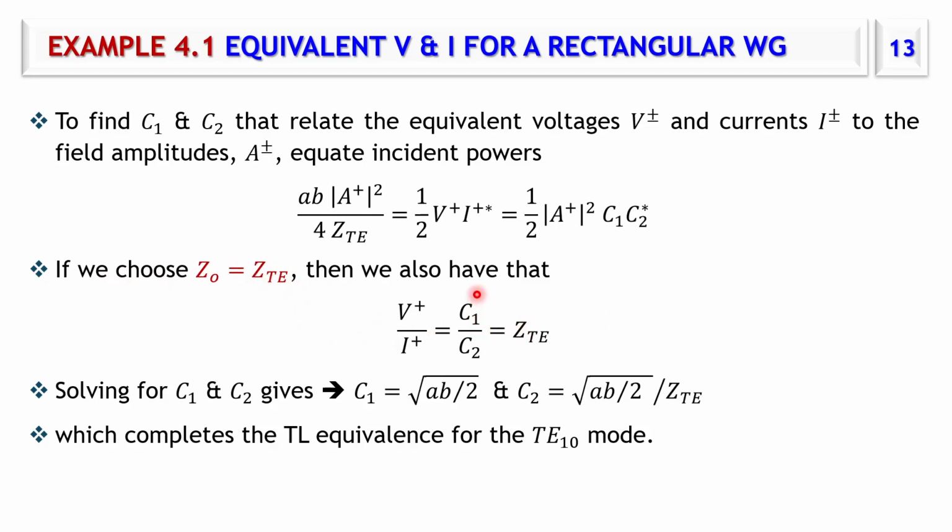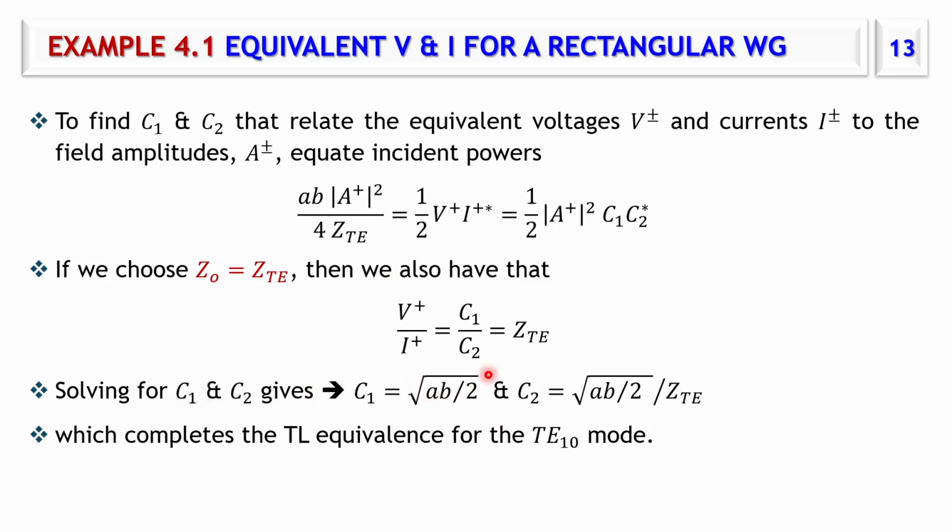This way, C1 over C2 will equal ZTE, and if we apply those two conditions, we'll find that C1 equals the square root of AB over 2, and C2 equals the square root of AB over 2 divided by the wave impedance for TE mode.